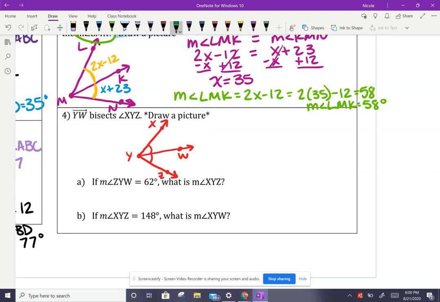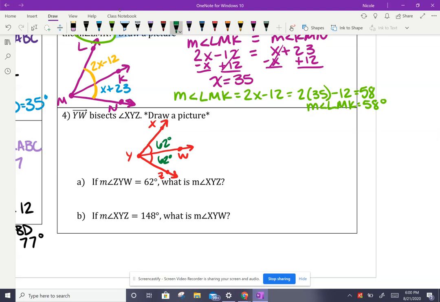So for A, it says if the measure of angle ZYW, this piece right here, is 62 degrees, then what is the measure of angle XYZ, the whole thing? If this is 62, what can we say about this piece up here, XYW? Well, they're congruent, so this is also 62 degrees.